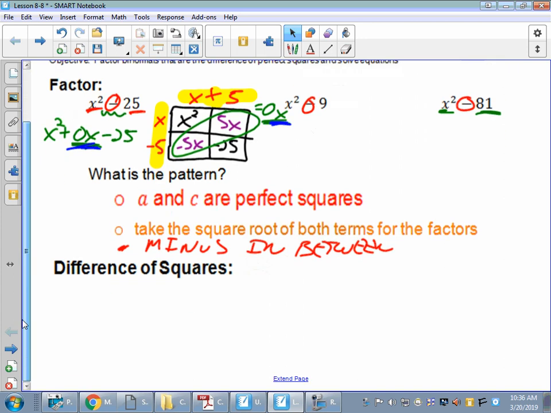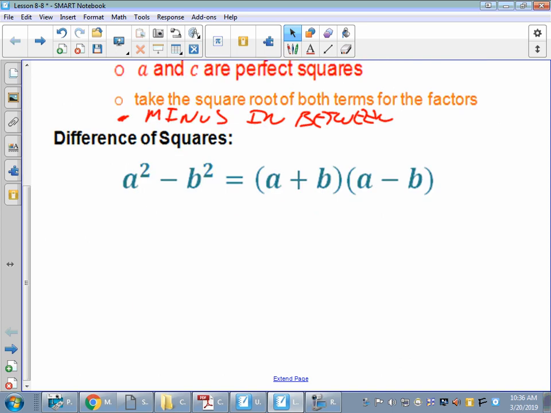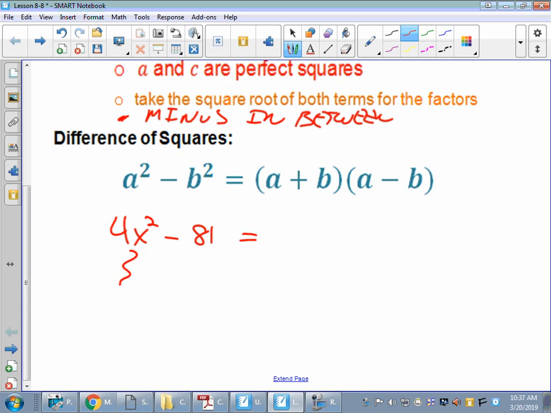Okay, so this is called a difference of squares. This is where we would say a squared minus b squared equals a plus b, a minus b when you factor it, right? So let's take a look at an example here. If we had, say, 4x squared minus 81, again, we have perfect squares because I can take the square root of it.